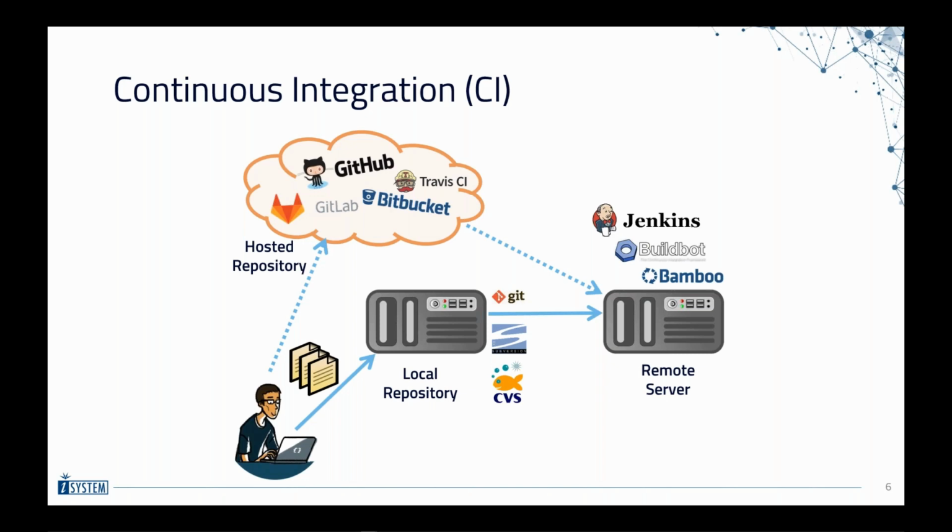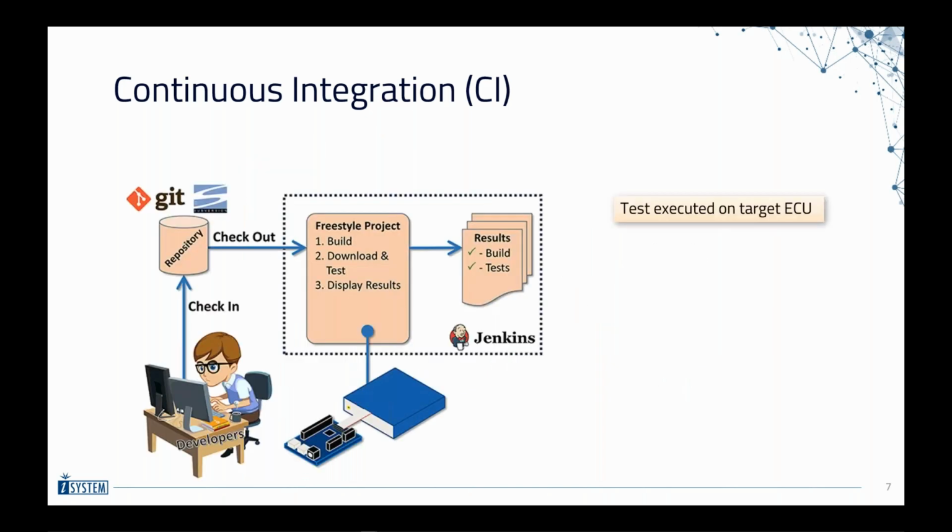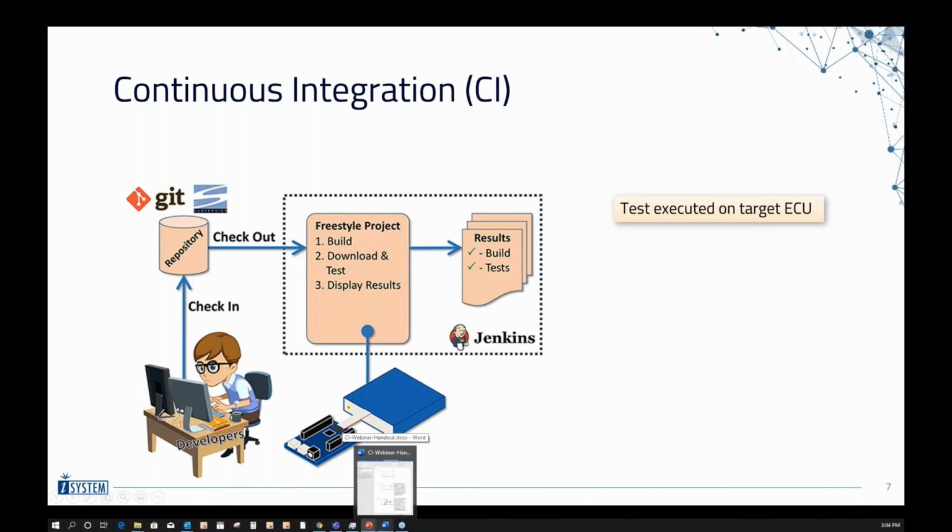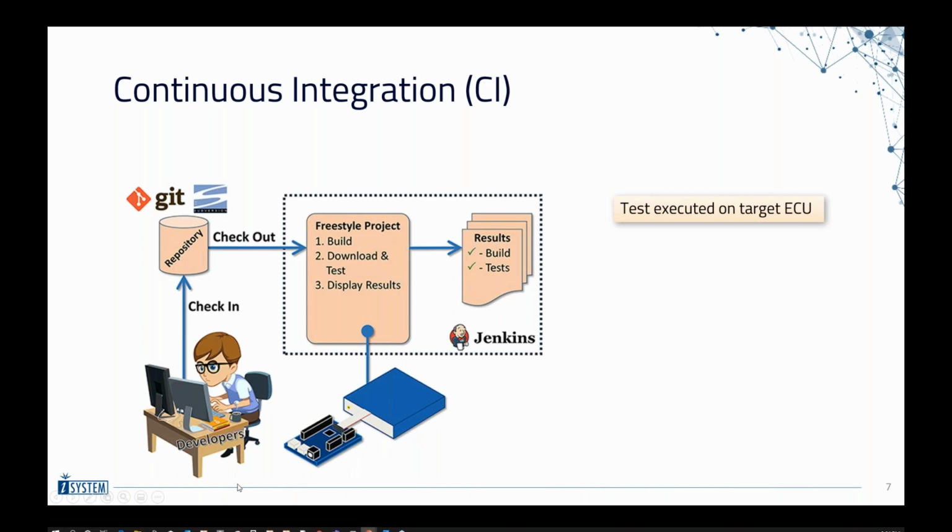However, if we want, the continuous integration tool can do much more. We can add unit or system integration testing after the build process passed successfully by adding a development tool such as a BlueBox on-chip analyzer and a target microcontroller board. Our continuous integration can then execute a test on our target ECU.